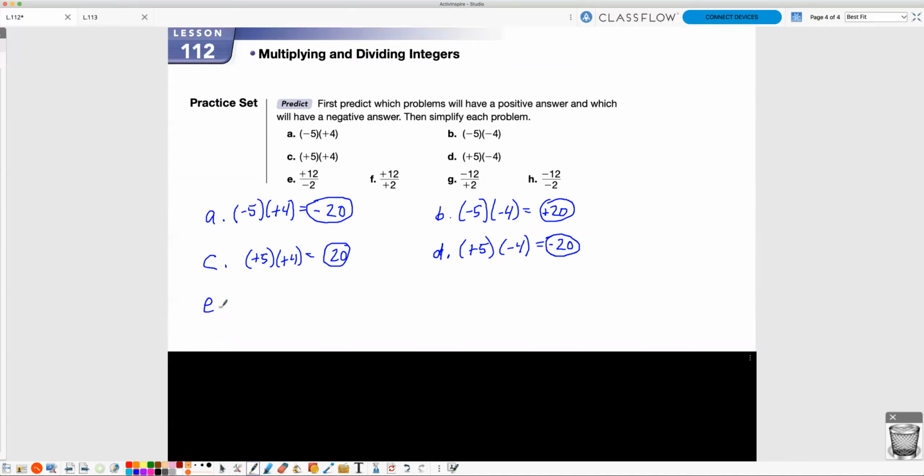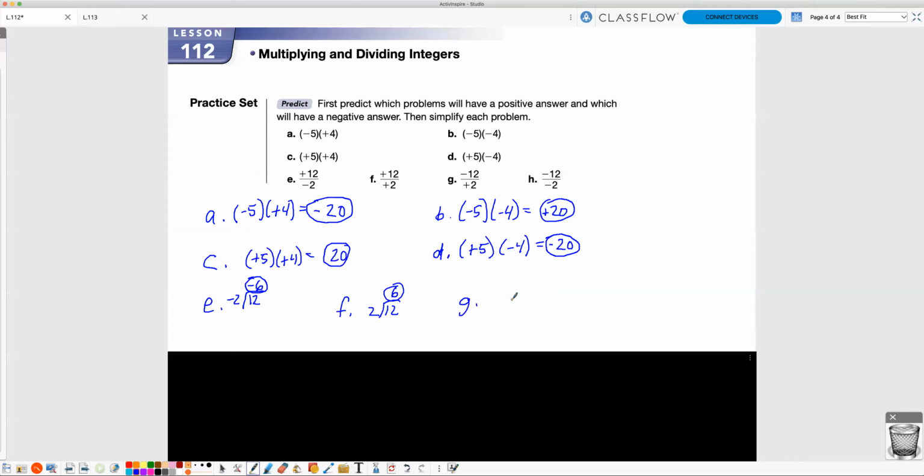Letter E, I'm just going to write 12 divided by a negative 2 like that. I know that this is 6, and because one is positive and the other is negative, my answer has to be negative. Letter F, I have 12 again and 2. Most of us already know that's 6.